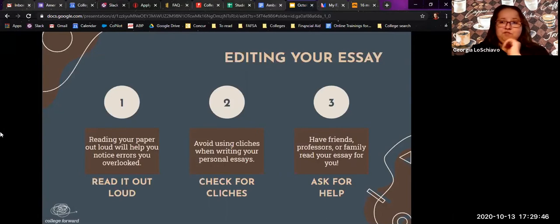It can also help if it's someone who knows you, they can tell you whether it actually sounds like you or not. The thing to remember is you don't actually have to take people's advice. If someone says, I hate that intro, and you're like, but I really like it, maybe it's okay to keep that intro. Just listen to people, get their advice, and take it if it seems like good advice.